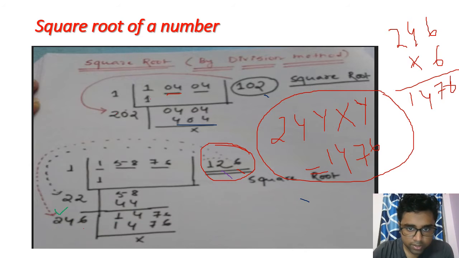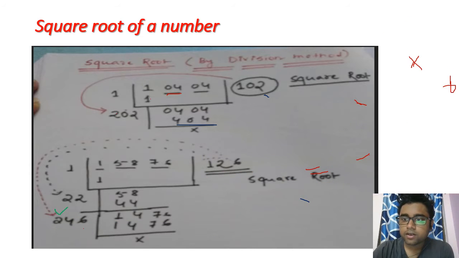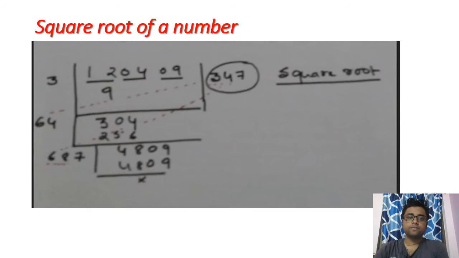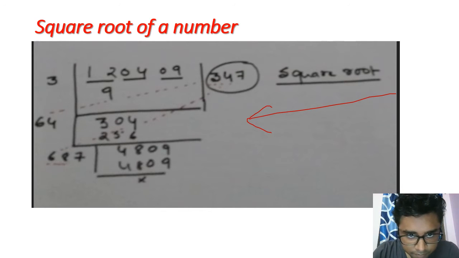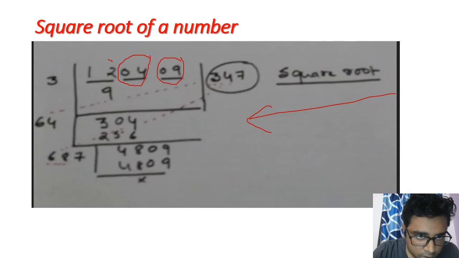Thanks. I hope you understand this example. So we go to the next slide with another example. Here the number is 120409. So the first step should be putting two numbers together from left to right. Two numbers, two numbers, two numbers.